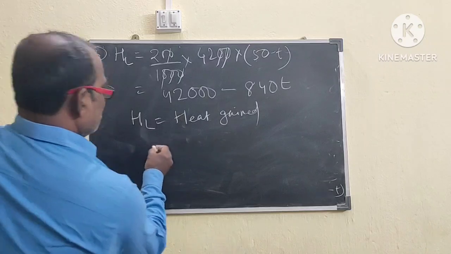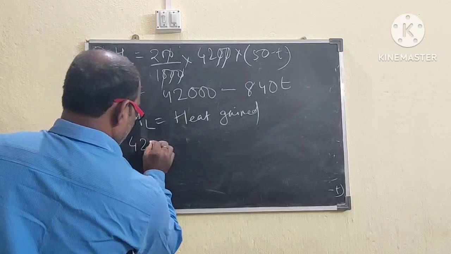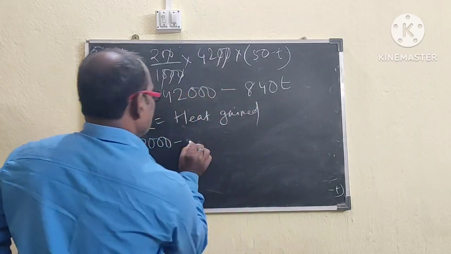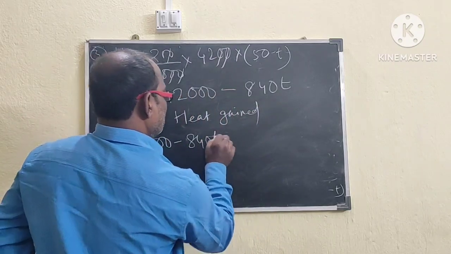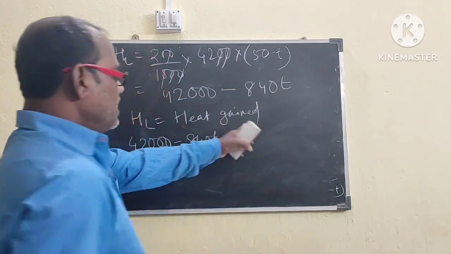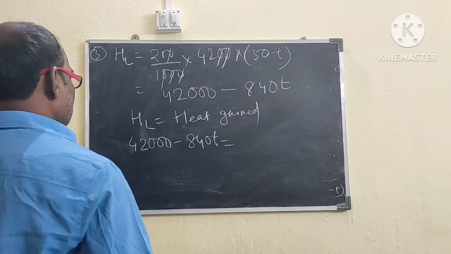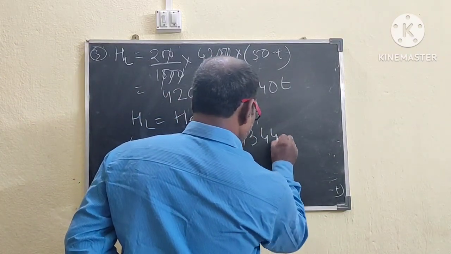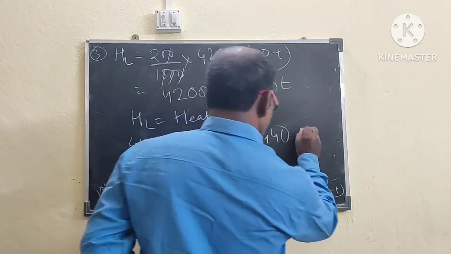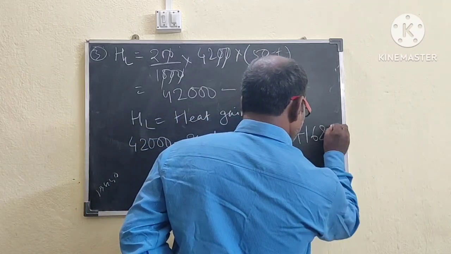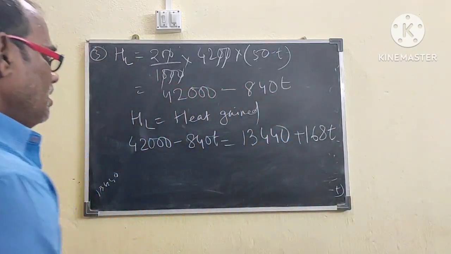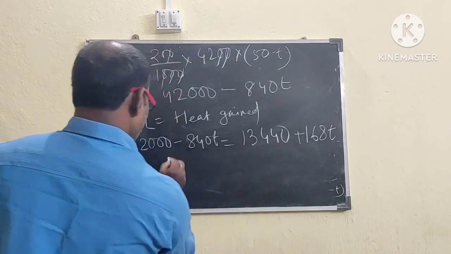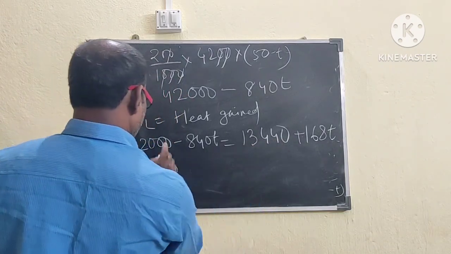So we are going to write down 42 into 50 minus T is equal to, and the heat gain already we have done, that is 13440 plus 168 T. Now we bring out this one here and subtract.